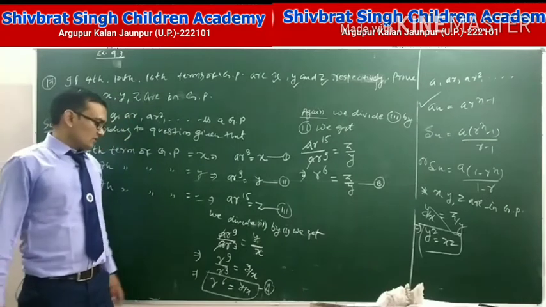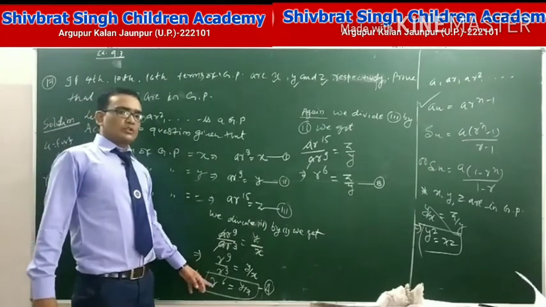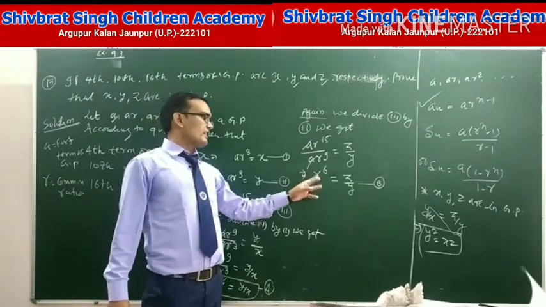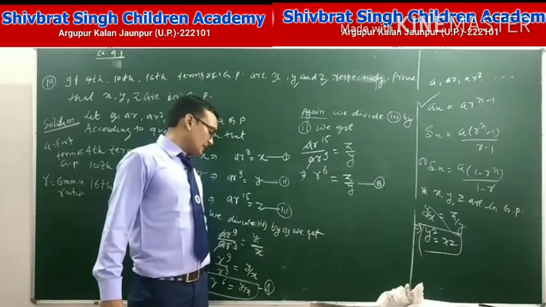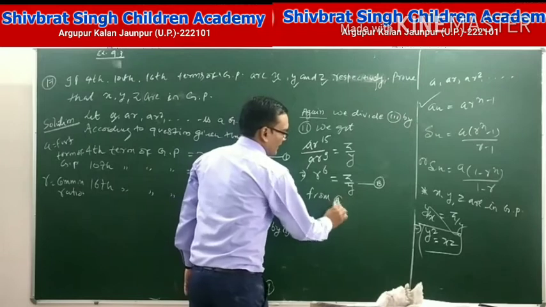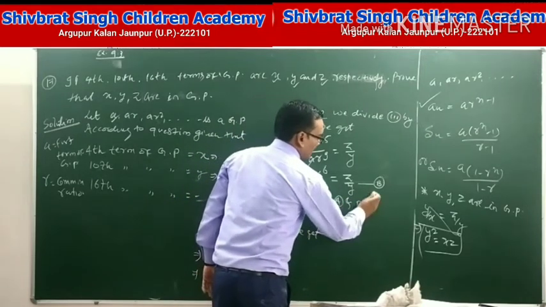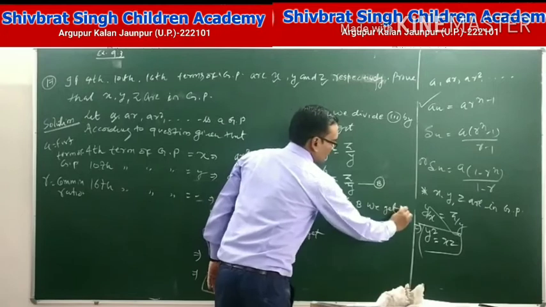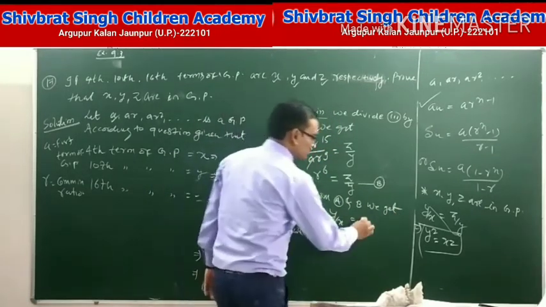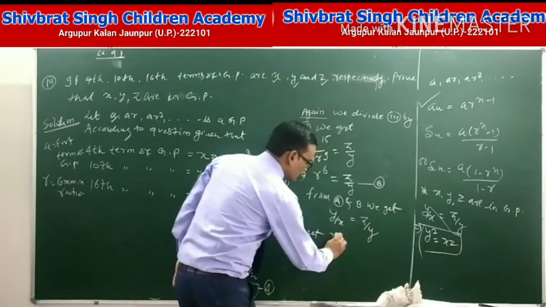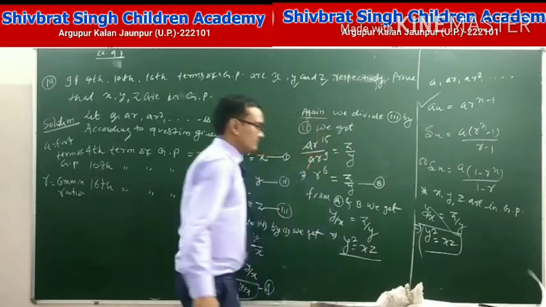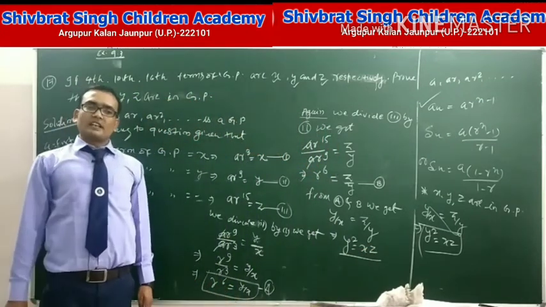Here the left hand side in A is R to the power 6 and in B the left hand side is also R to the power 6. That means both are equal. From A and B we get y upon x is equal to z upon y. This implies that y square equals xz.